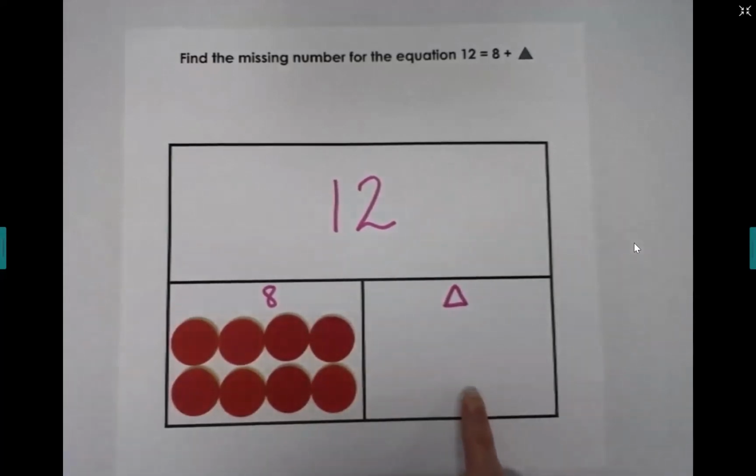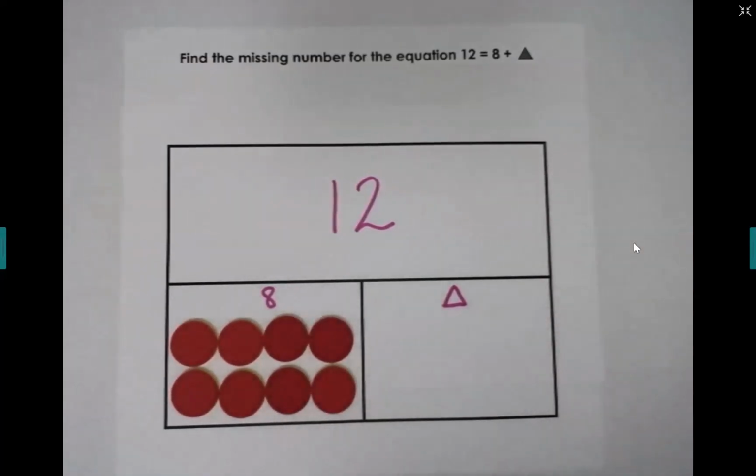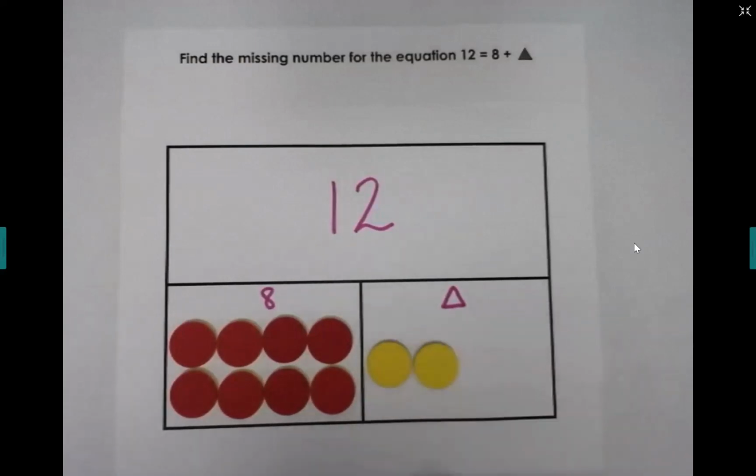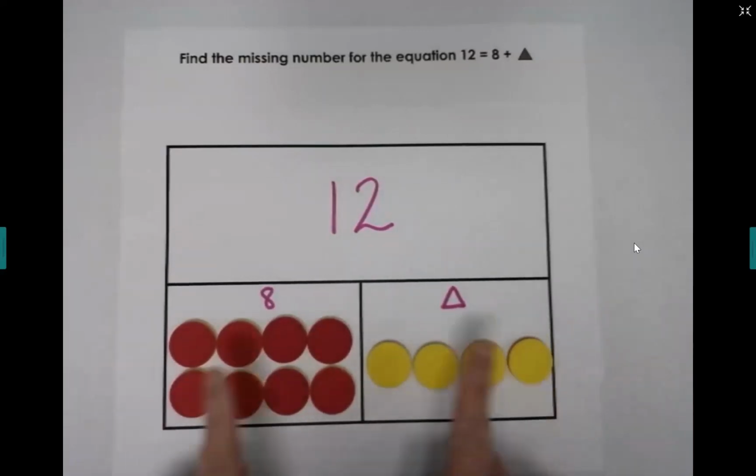And then to figure out this unknown amount, I am going to start at 8 and count on until I reach 12. So I'm going to get some more counters here. So I know 8, 9, 10, 11, 12. So now I have a total of 12 counters.